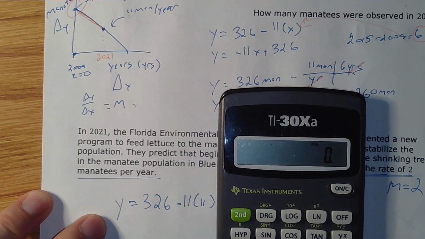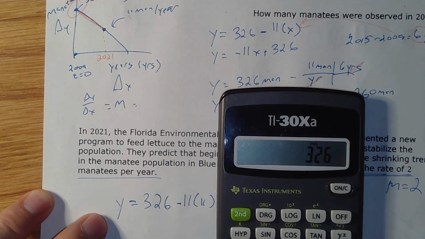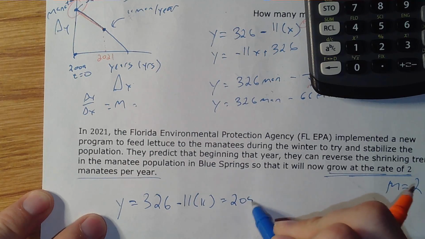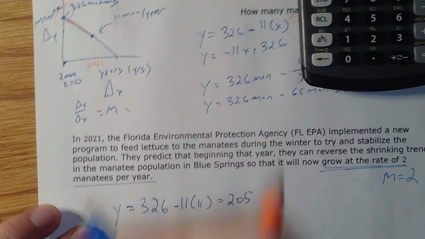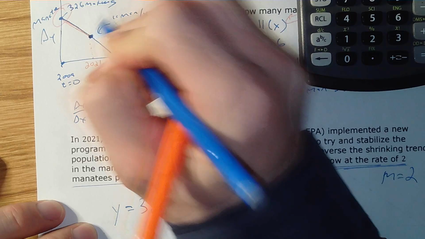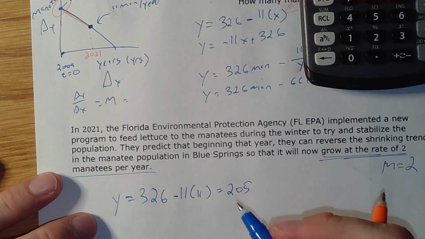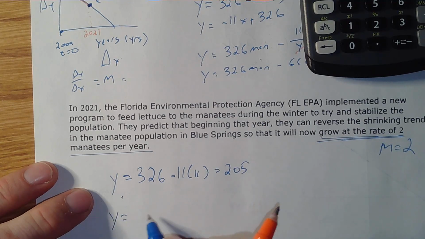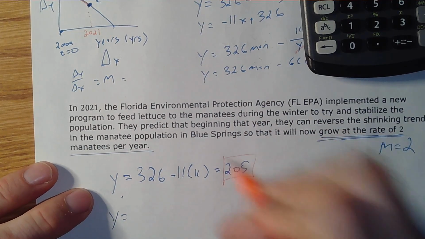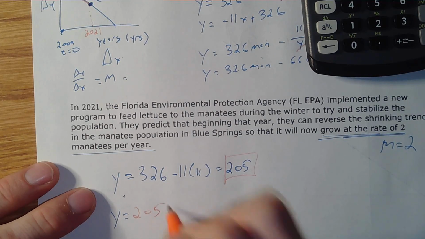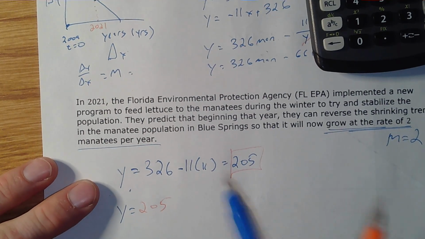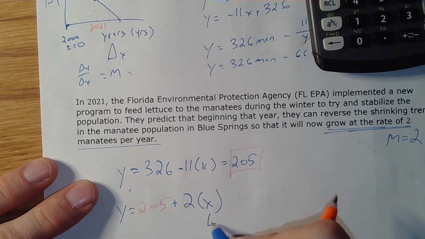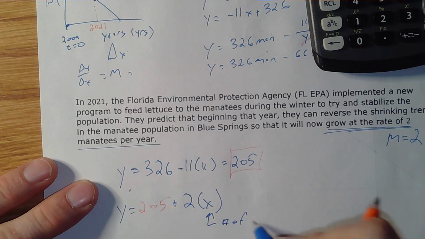Whoops, that's minus 121, 326 minus 121. So they finally got this program started with 205 manatees left. Okay, so that's when they started this program. And now it's growing at a rate of 2 per year. So now my equation is y equals, this is my new starting point, 205, and then it's going to be plus 2 times x, where x is my number of years.